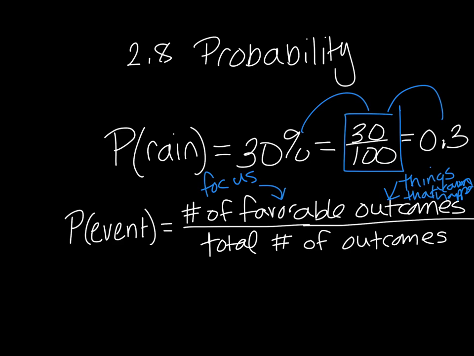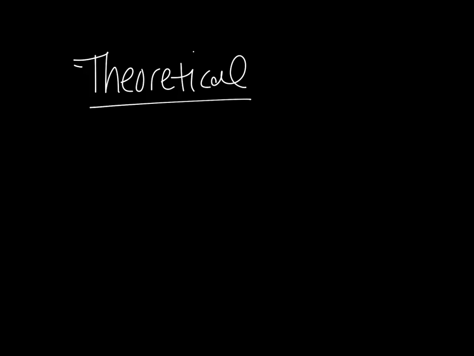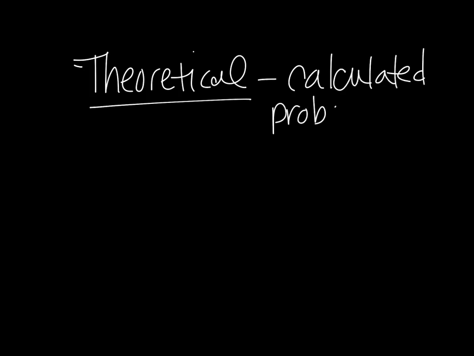And so you figure that out. Now, when you figure that out, you're usually figuring out what's called a theoretical probability. Theoretical is where you use what you know about a situation, and we'll just call it calculated probability. For example, you all know about coins, right?